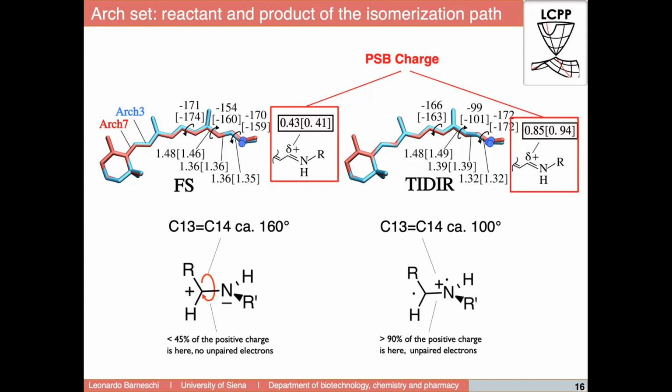After the excitation and the Franck-Condon relaxation to the fluorescent state, we have a really spread charge, which relocalizes along the torsional mode and ends up at this minimum that has a pure diradical character.